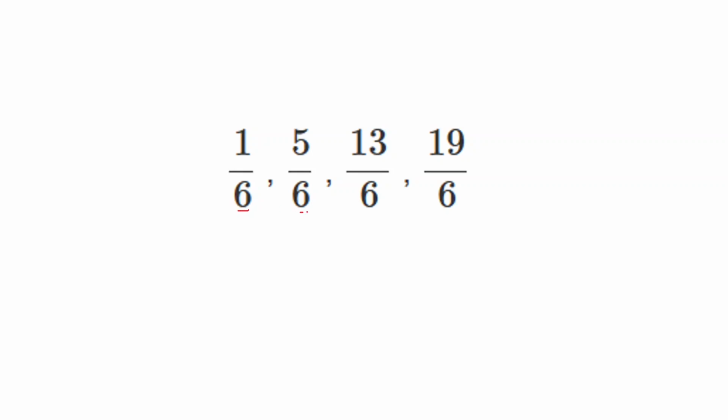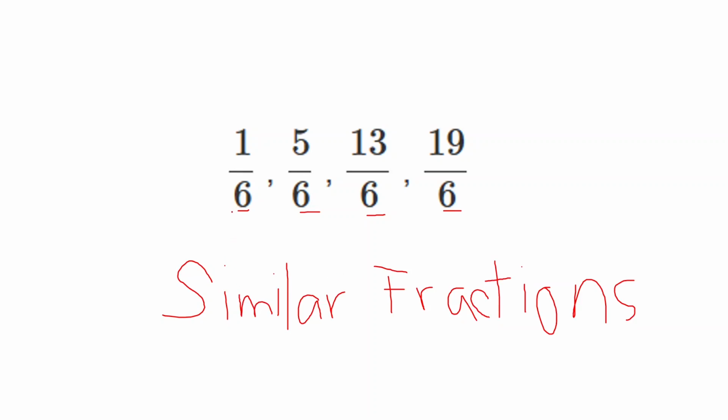The same, 6. So, what do we call this type of fraction? Okay, we call this as similar fraction. Why did it become similar? Because they have the same denominator.